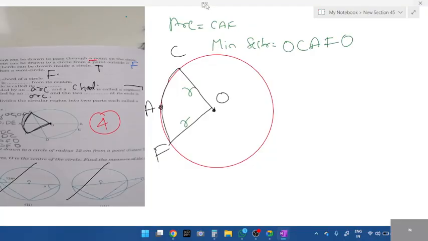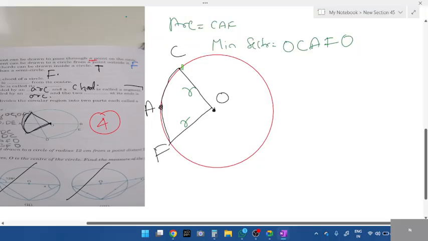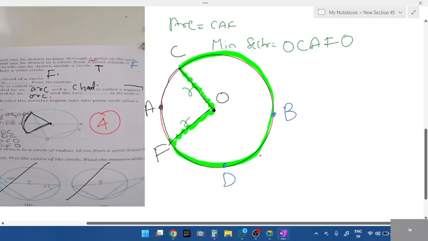The remaining part is known as the major sector. Look at the green one: one radius plus this entire green part, the remaining part like this. In between, there are two alphabets, B and D. You can take B, D. Even E is also fine. So, the major sector.